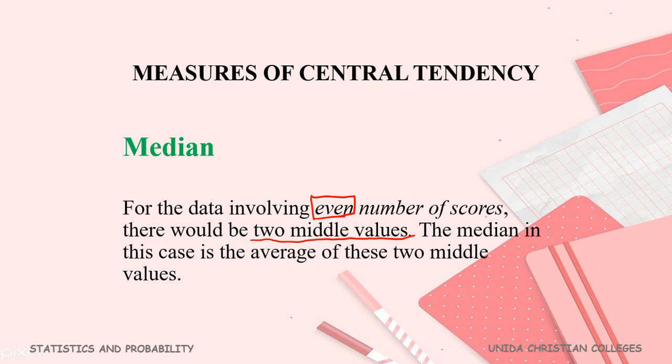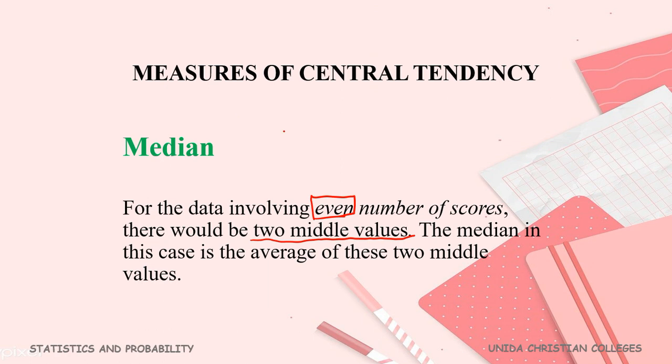So, the median in this case is the average of these two middle values. So, ano daw ang gagawin? So, pag nakuha mo na yung dalawang middle values, kukunin mo yung average nila. O, paano mo kunin yung average nila? Babalik ka sa mean. Add mo yung dalawa, divide mo sa 2. Kasi dalawa sila. Okay? And that will be your median.